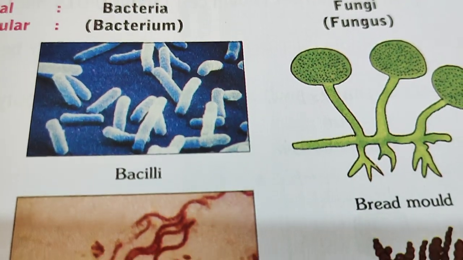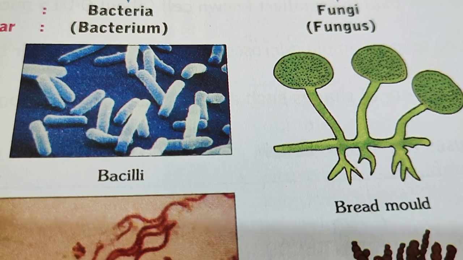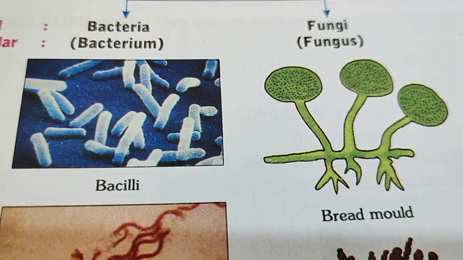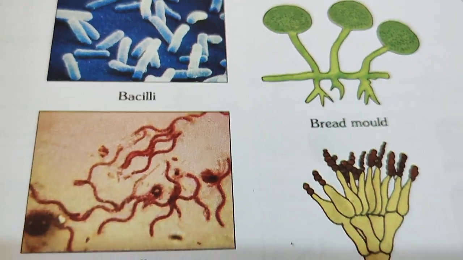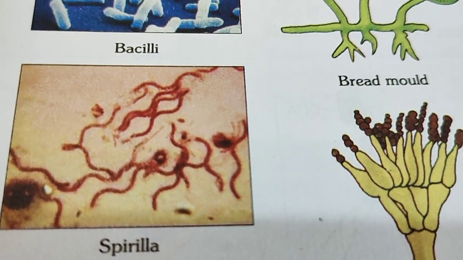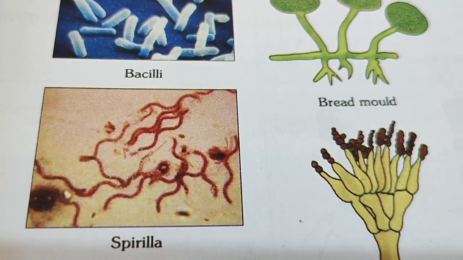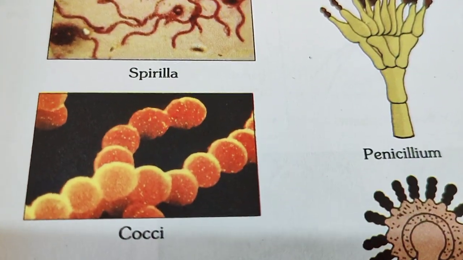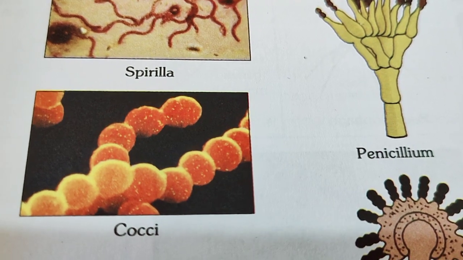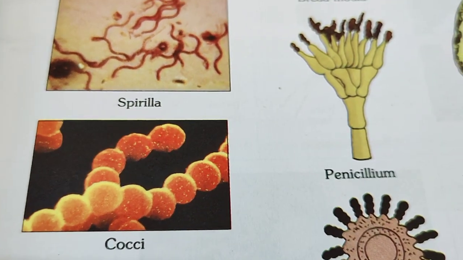In the case of bacilli or bacillus, cells are rectangular rod-shaped cells, whereas in the case of spirilla, cells are spiral, but they occur in groups. And the third type, cocci, cells are round and basically comma shaped.